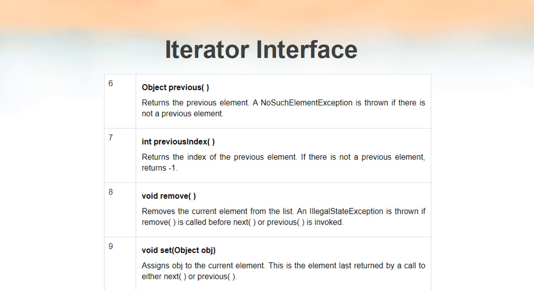So some of the methods are already there in the iterator interface. Apart from that, we have some methods related to the backward movement. We can traverse in the backward direction by means of the list iterator interface, as well as we can modify or replace the existing elements in a collection. All these are possible by means of the list iterator interface.